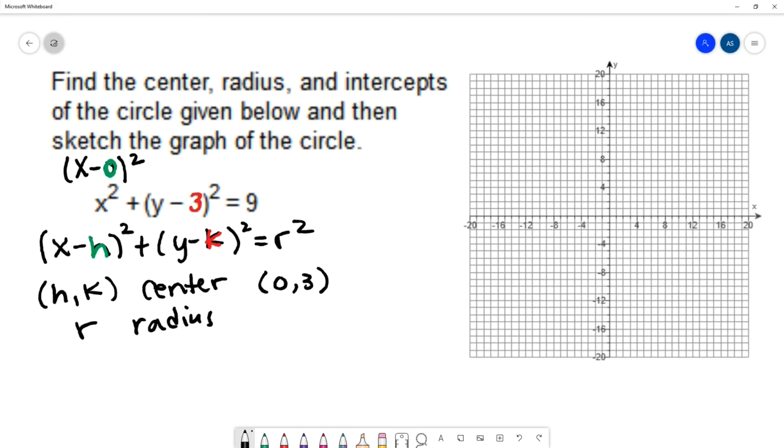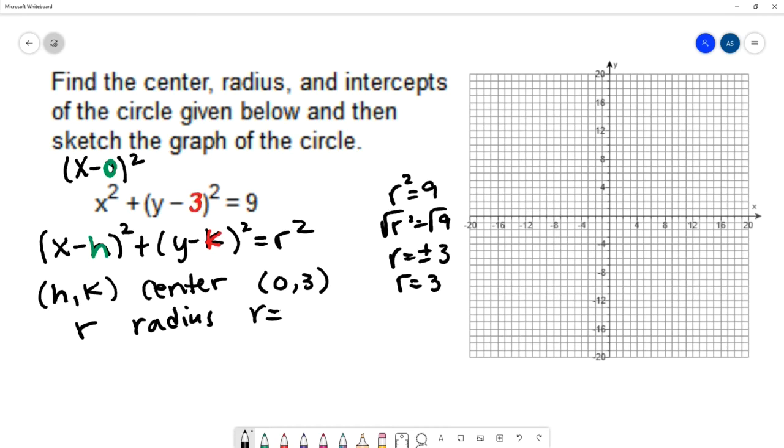And then we have on the other side of the equation a 9, and that's where our r squared is. So if r squared is 9, you can take the square root of both sides and get that r is plus or minus 3. The radius is a distance, so we're going to use the positive 3.